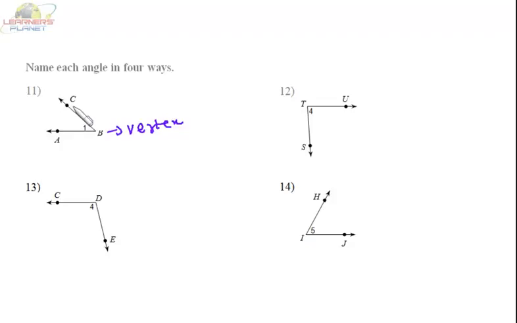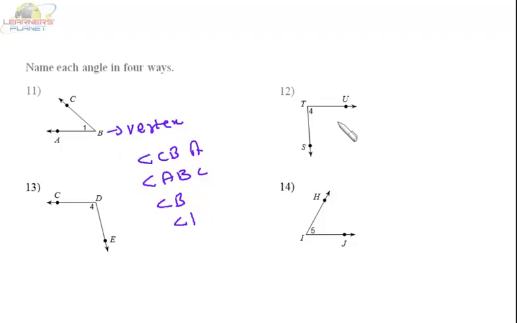So it can be written as angle CBA, or angle ABC. We have put the vertex in the middle, or we can write it as only angle B, or here it is 1, so we can write it as angle 1 also. So it's angle CBA, ABC, angle B, and angle 1. These are the four ways by which we can write this angle.